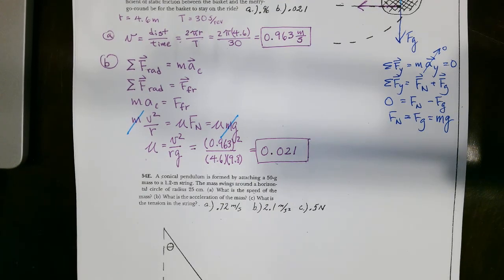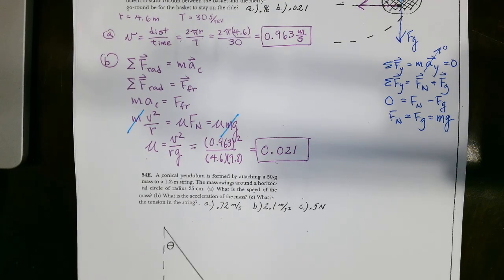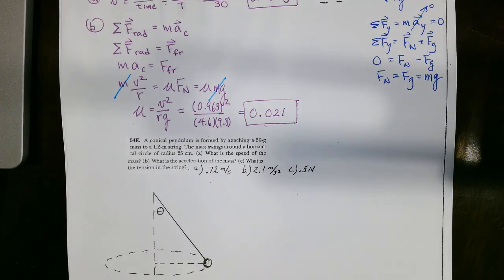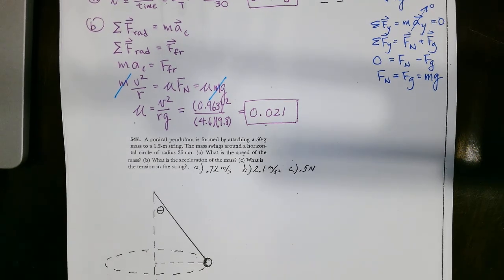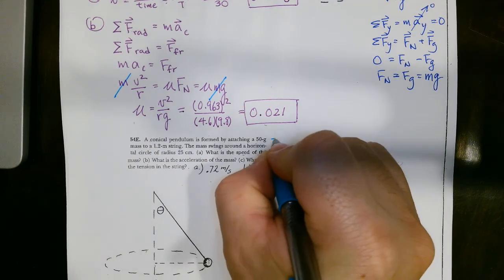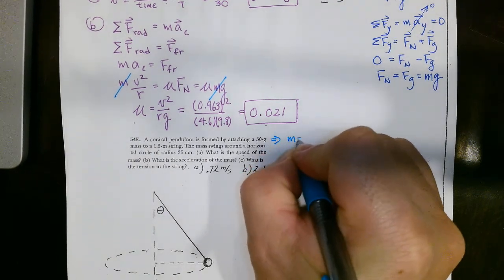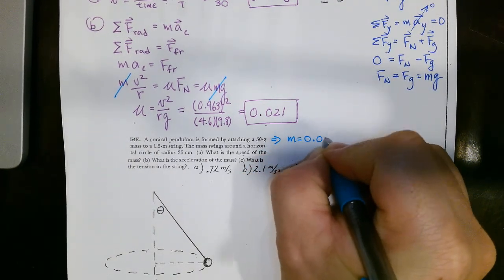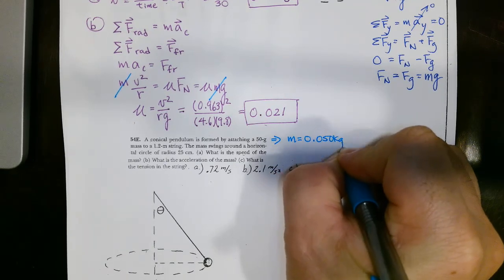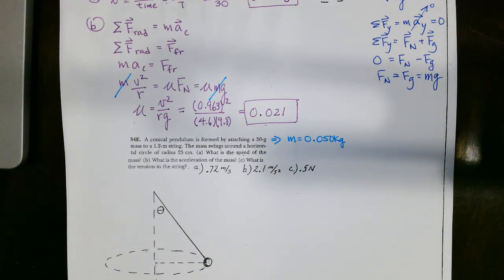Let's take a look at the next problem. A conical pendulum is formed by attaching a 50-gram mass. So it might not be a bad idea to convert this mass into kilograms. So 0.050 kilograms, okay, mass, to a 1.2 meter string.